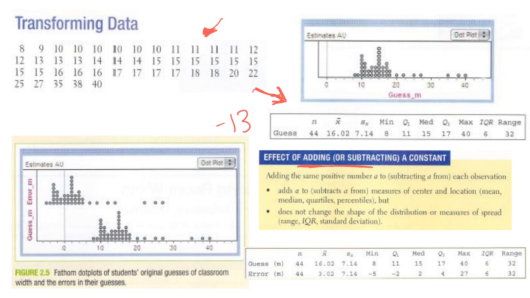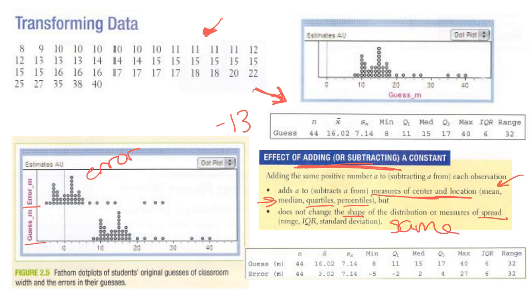So when you are adding or subtracting a constant, what you need to realize is that the center is going to change. So our measures of center and location, for instance mean, median, quartiles, percentiles, will all change. But the overall shape and spread stays the same. It will not change. I think it's easiest to see if we look at the dot plot here. On the top here are the errors, and on the bottom here are the guesses.